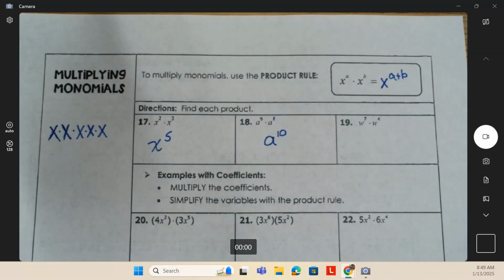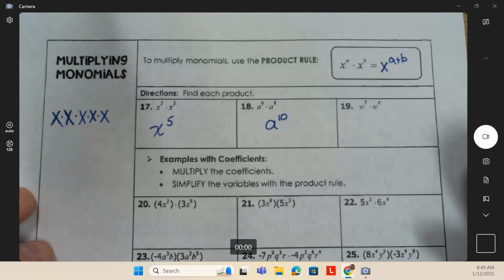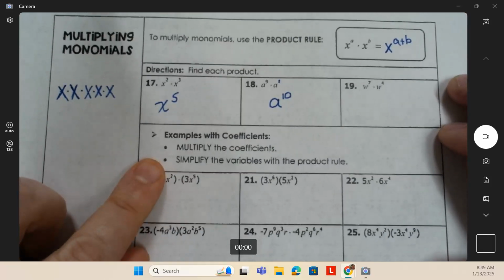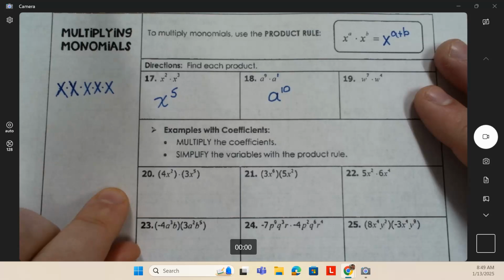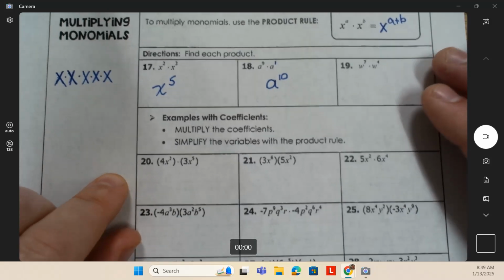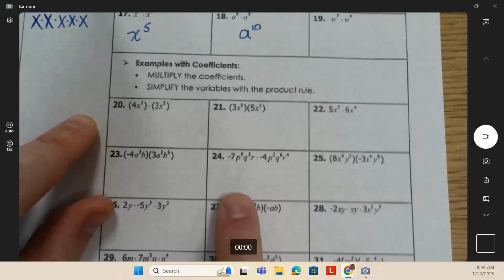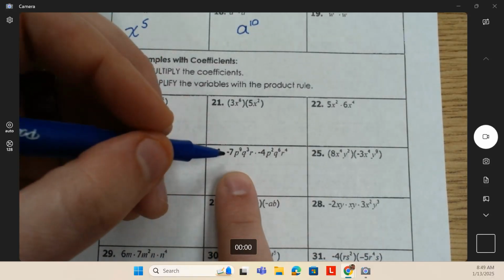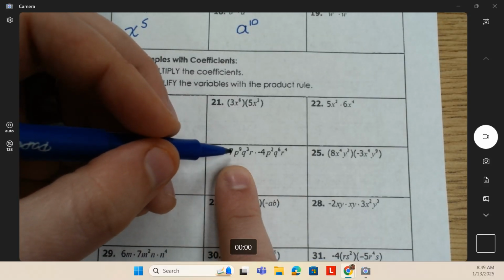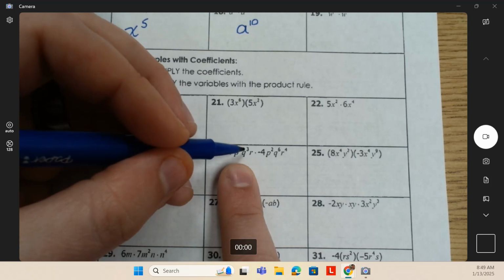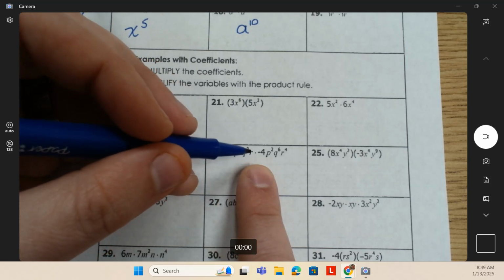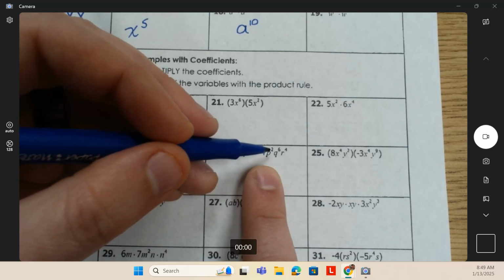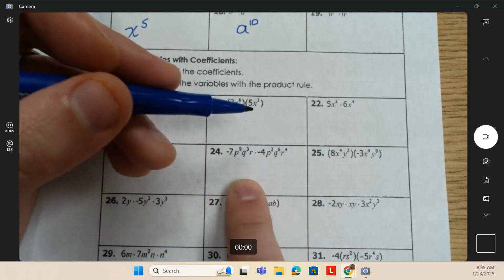Now you have some down here on your examples that talk about the coefficients first. Any coefficients, I'm just going to multiply together. So let's look down at number 24 as a good example. I've got negative 7, p to the ninth, q to the third, and r to the first power, times negative 4, p to the second, q to the sixth, r to the fourth.